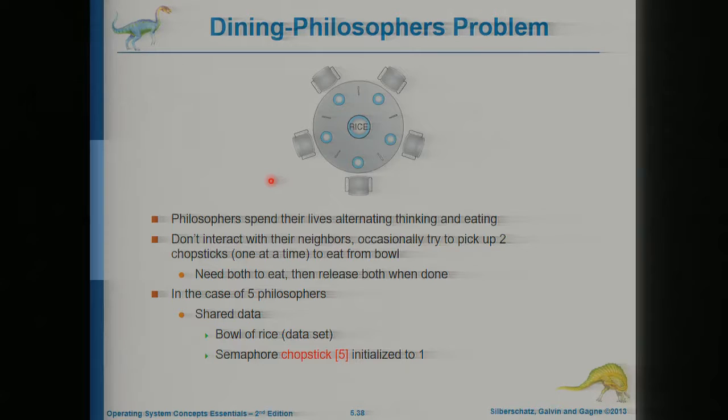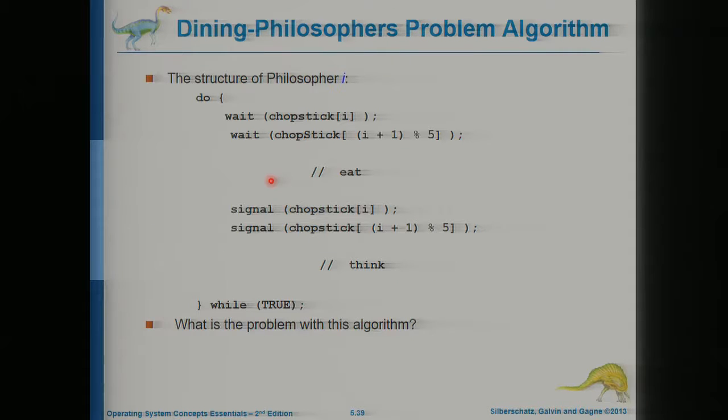There are 5 philosophers and the shared data is a bowl of rice, the data set, and semaphore chopstick[5]. Since there are 5 chopsticks, we take them as an array of 5, all initialized to 1. Initialized to 1 indicates they are available; set to 0 means they are not available.